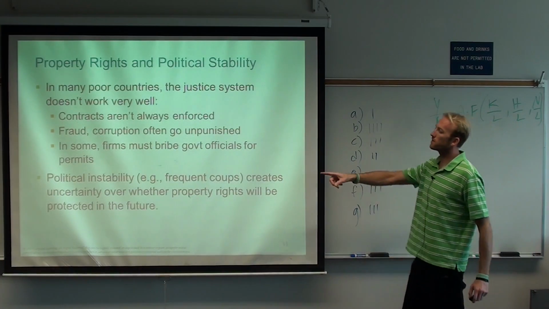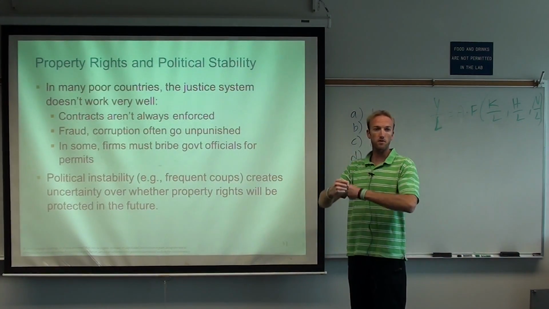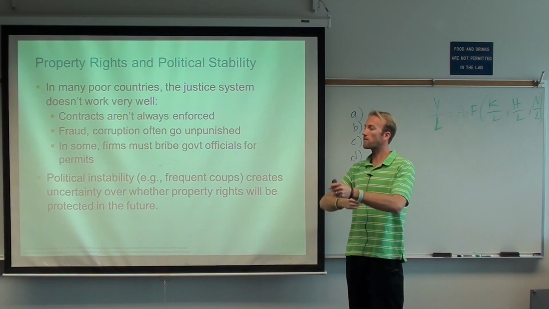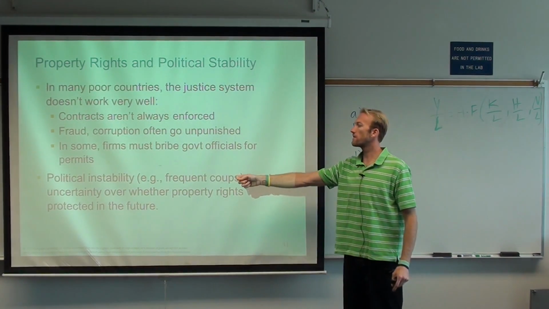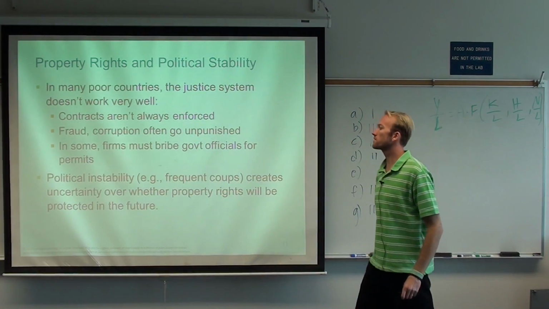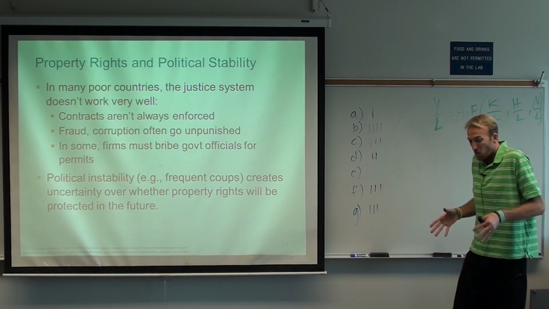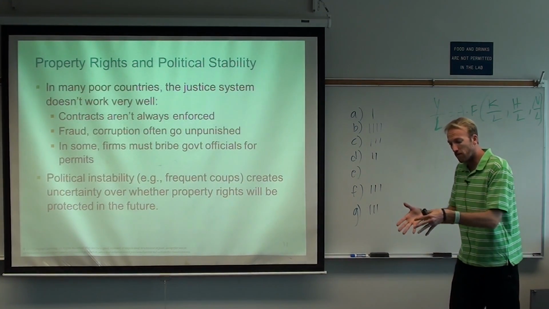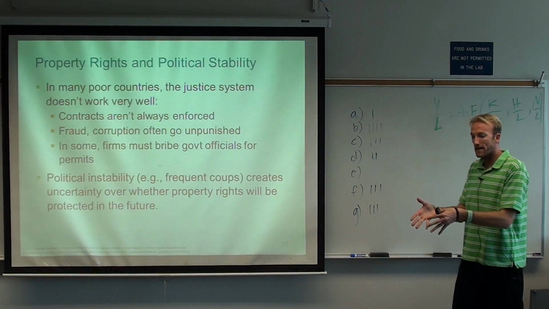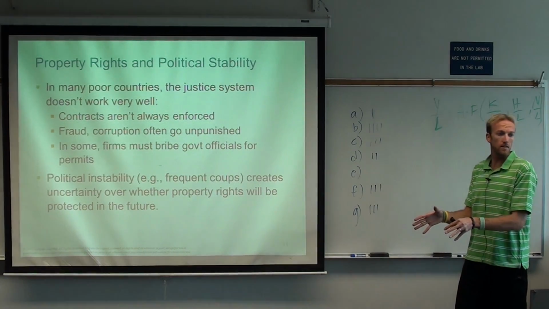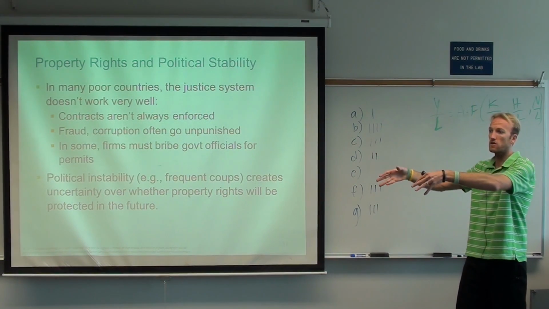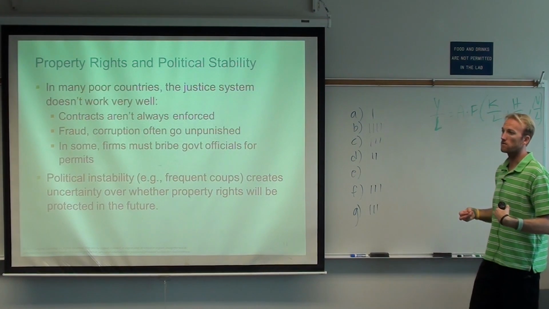And as well, political instability, meaning where we have changeover on types of governments over and over again, it creates a lot of uncertainty over whether property rights will be protected in the future. So I don't really want to spend millions of dollars making a better factory unless I know that it's going to be protected in the next 20, 30 years, so I can go ahead and use my factory, right?